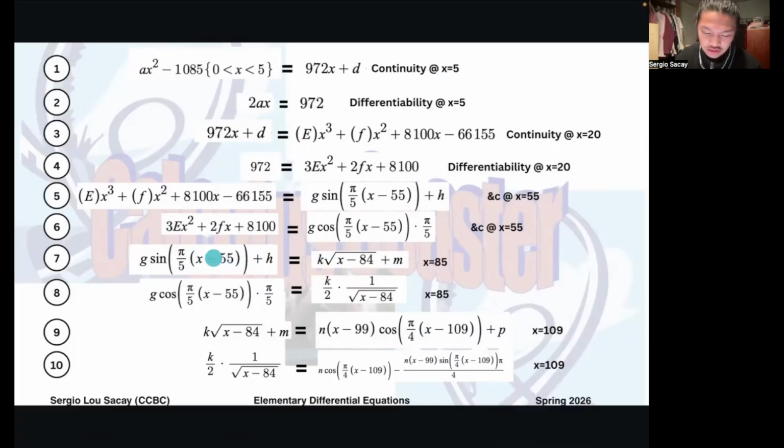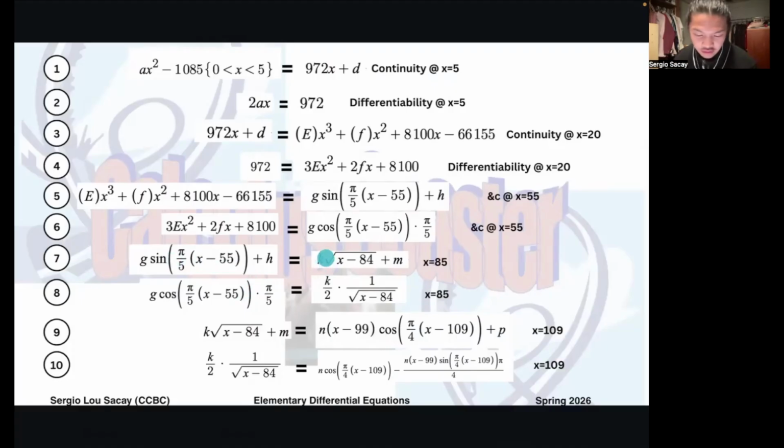So the derivative of this x minus 55 is just 1. And then we keep the constant, so the derivative of the inner function is pi over 5. So remember, derivative of the outside, sine, is cosine, keep the inside, and then times the derivative of the inside, as we said before, pi over 5.